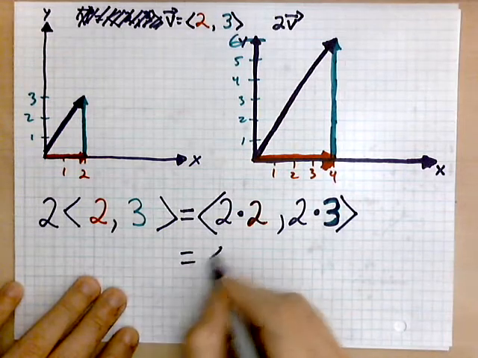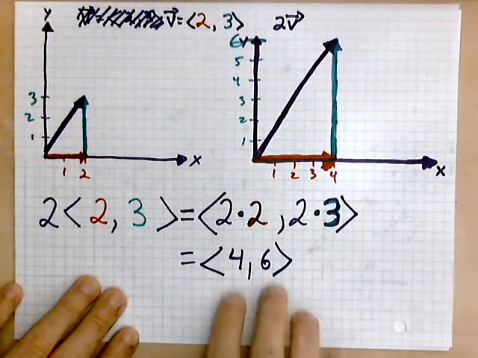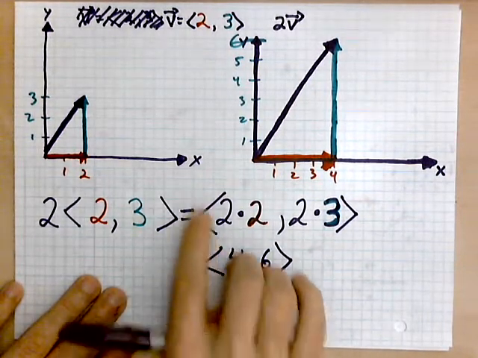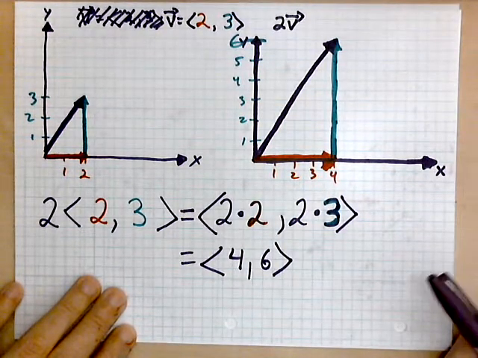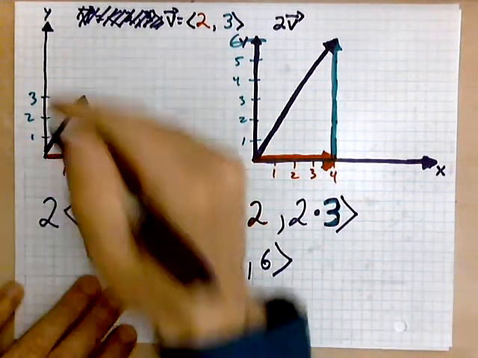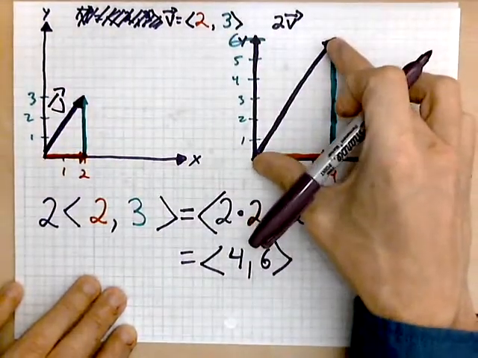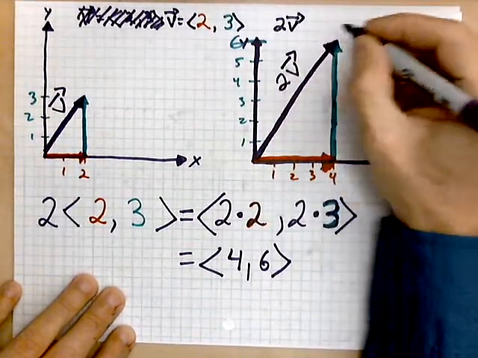What we have is 4, 6. These are the components of the new vector that is double the previous one. Okay, so you would label this one as just v, but this big one here you would label as 2v.